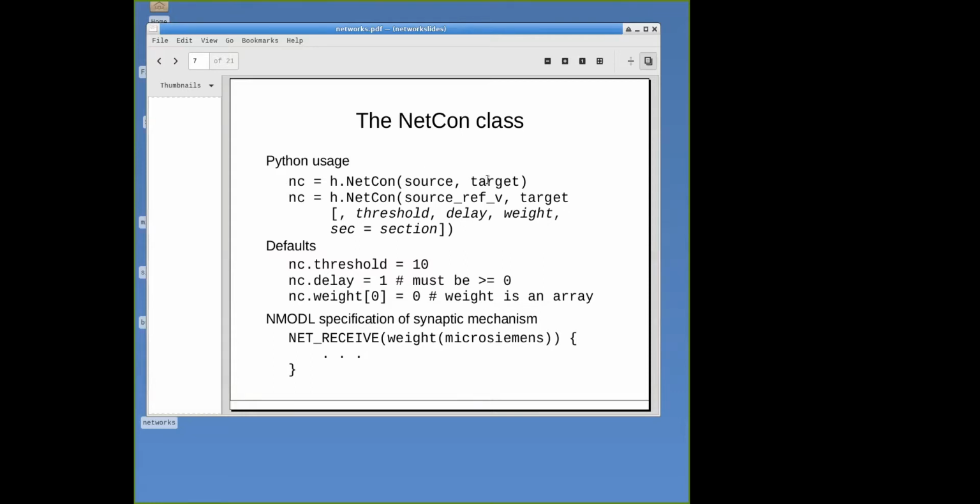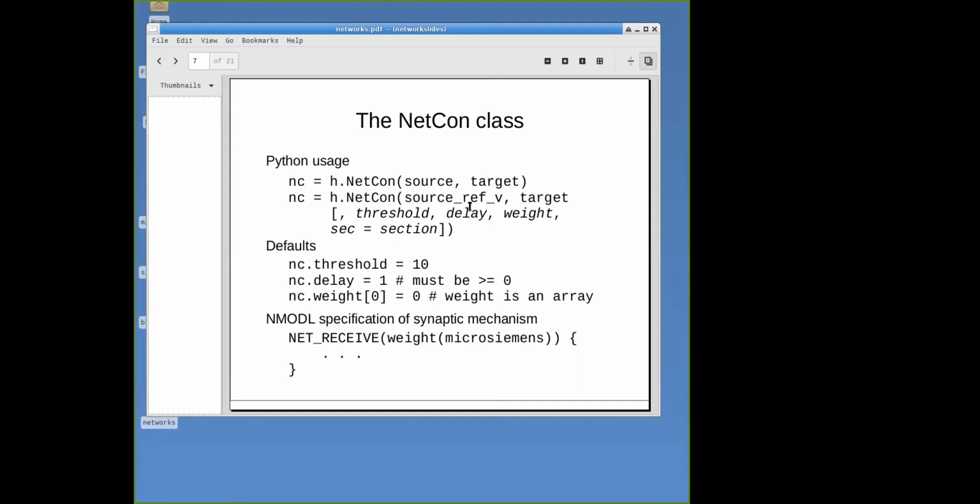That's the simplest syntax. If you want, you can also optionally declare other parameters that the NetCon has. Among its parameters, one is the threshold.